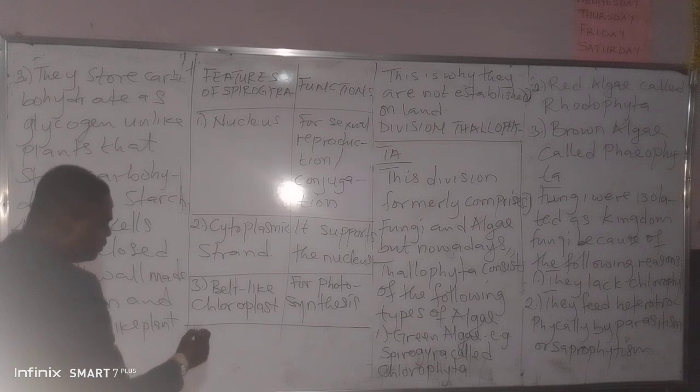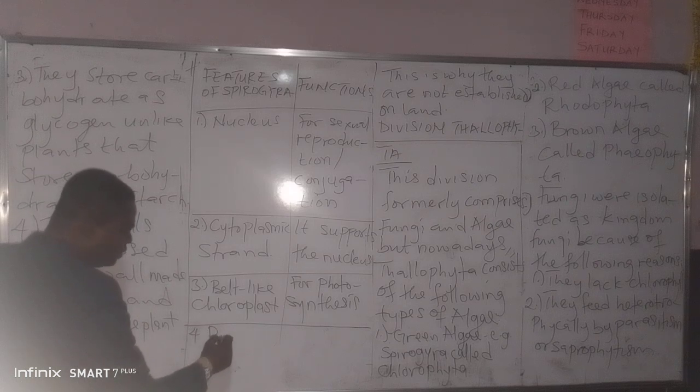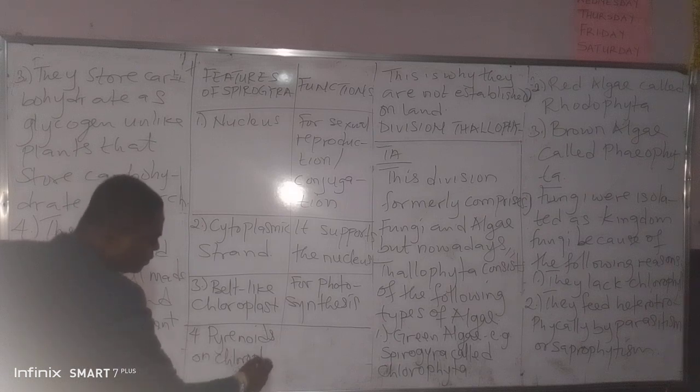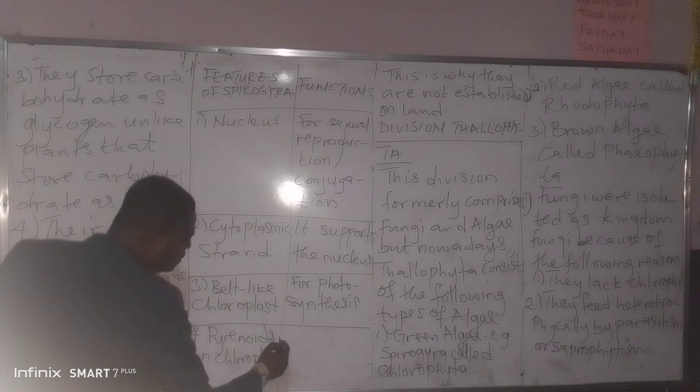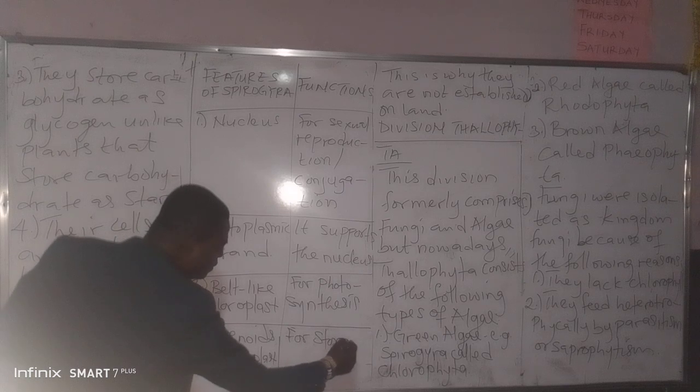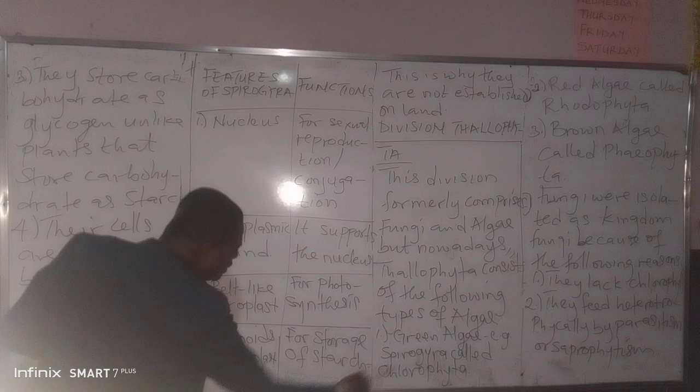Then number 4, we have pyrenoids. They are found on chloroplasts for storage of starch. Don't forget that the chloroplast carries out photosynthesis and makes glucose as the food, but the glucose is later converted to starch, and that starch is stored in the what?